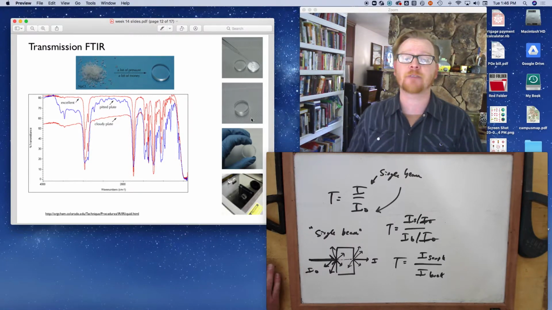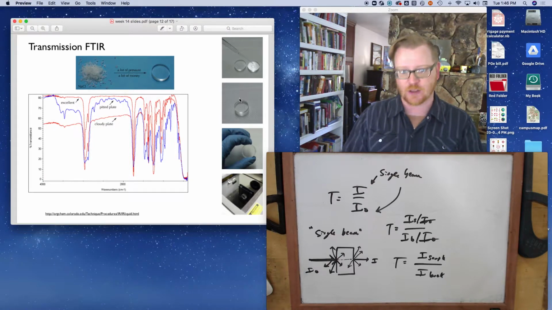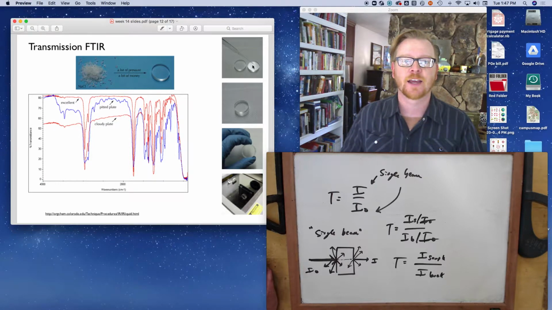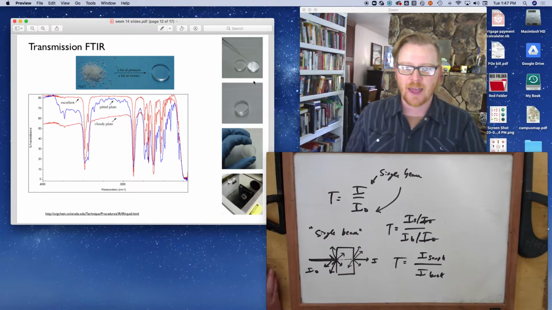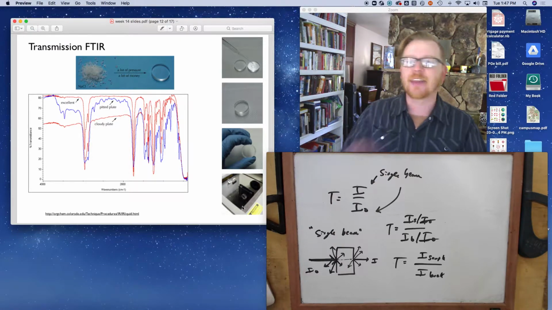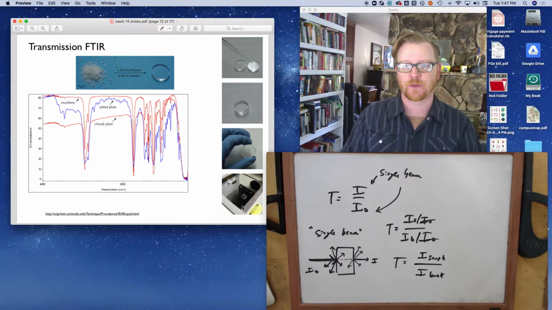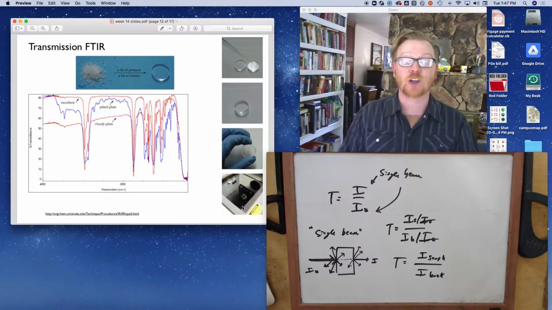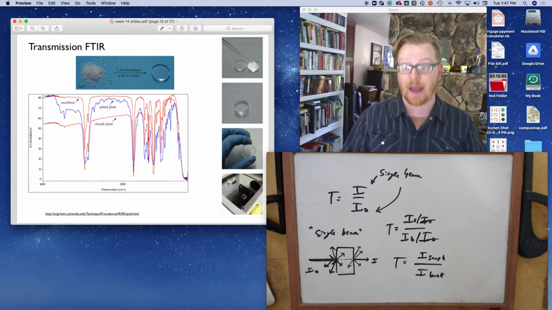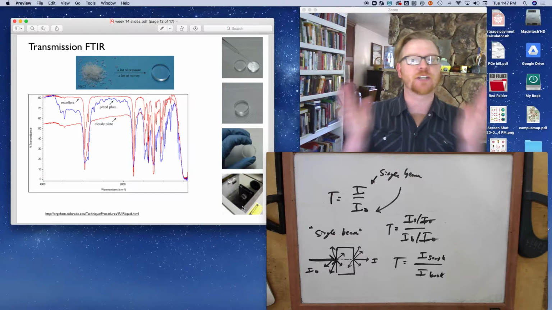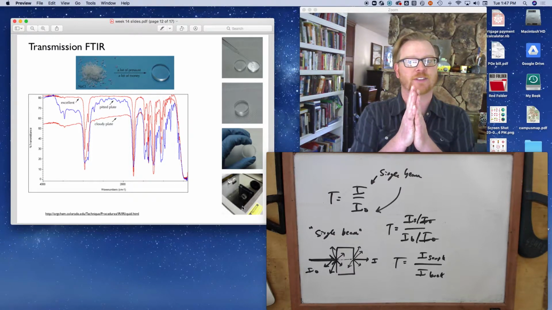What you used to have to do was press these plates, or you might have these optics already made for you. You would drip your sample on them, make a sandwich, and then place that sandwich in a holder, and then the IR beam passes through that thing, okay? And so your background single beam would just be two plates pushed together without a sample.